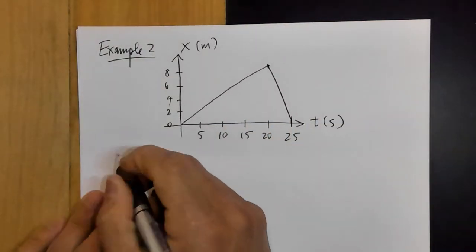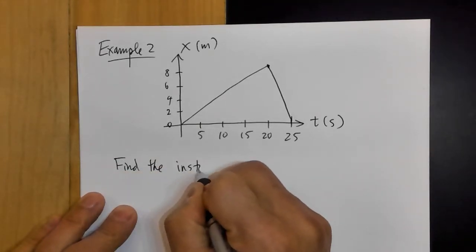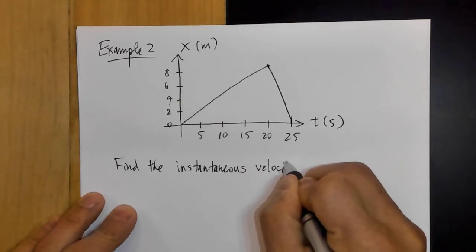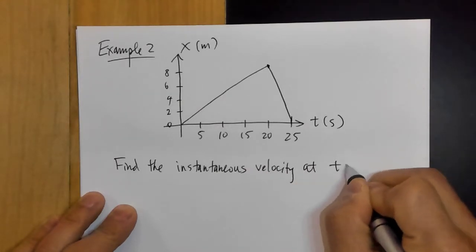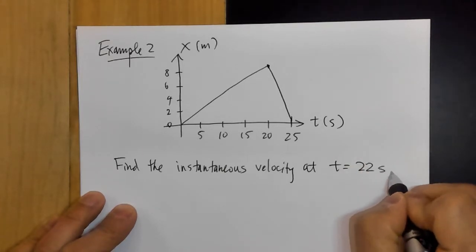And the question this time is, find the instantaneous velocity at t equal to 22 seconds.